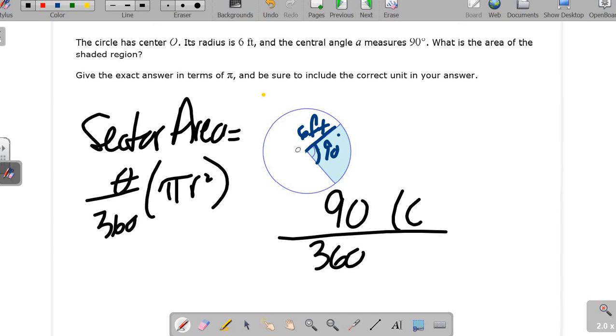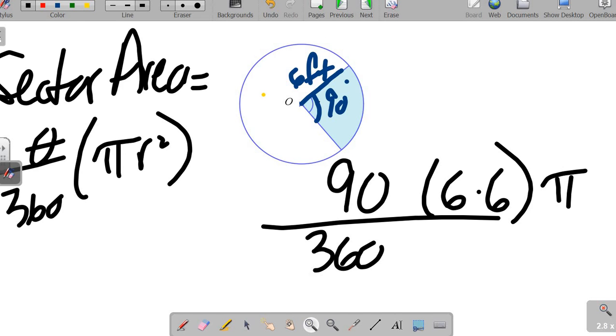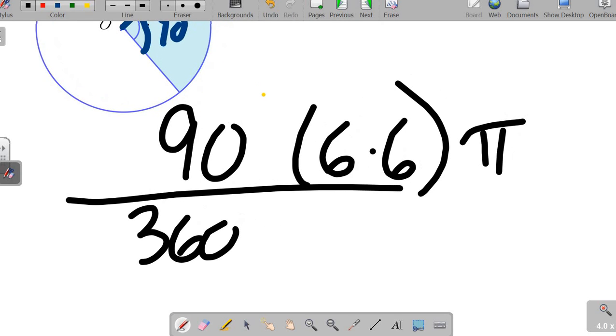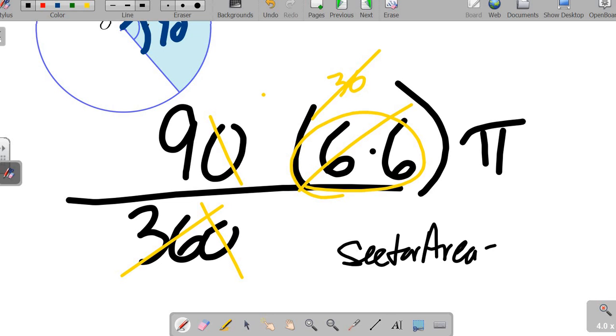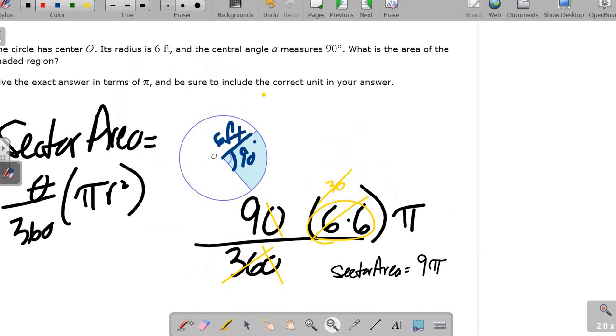Our radius is 6 times 6 times pi. Zeros cancel. 6 times 6 is 36. So the 36 cancels here. So our sector area is simply going to be 9 pi feet squared.